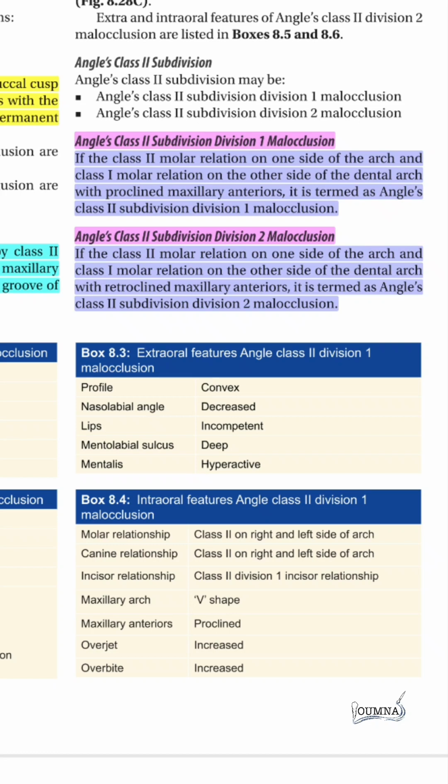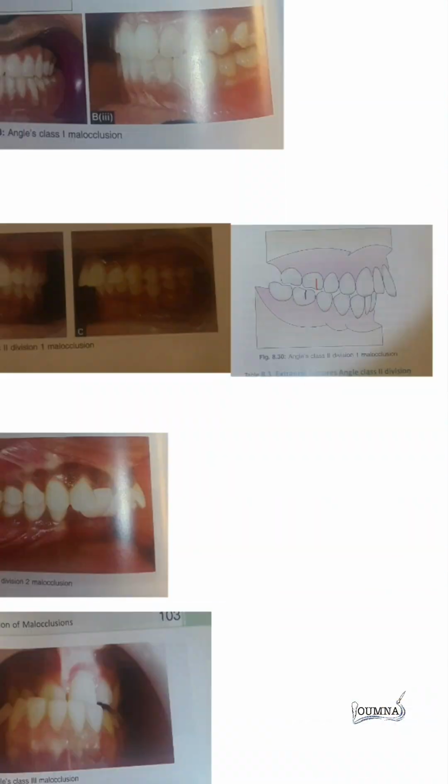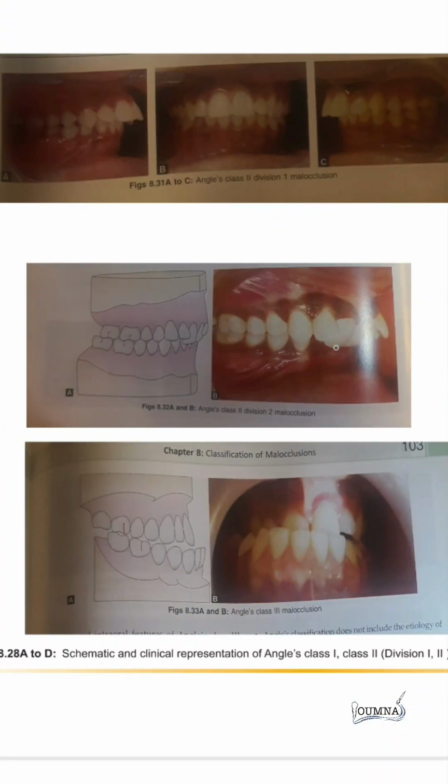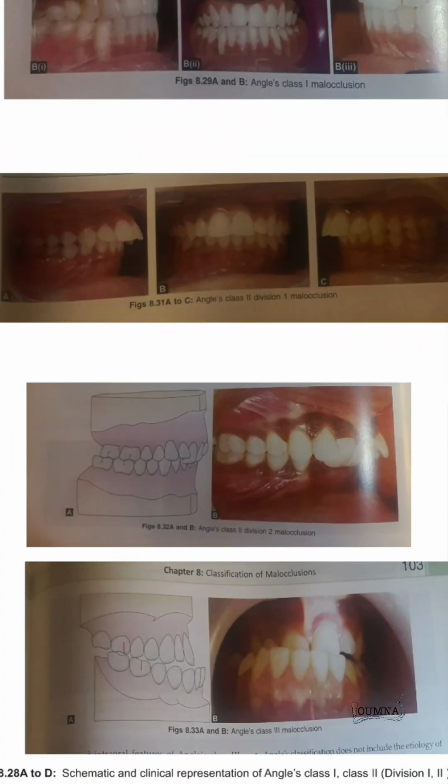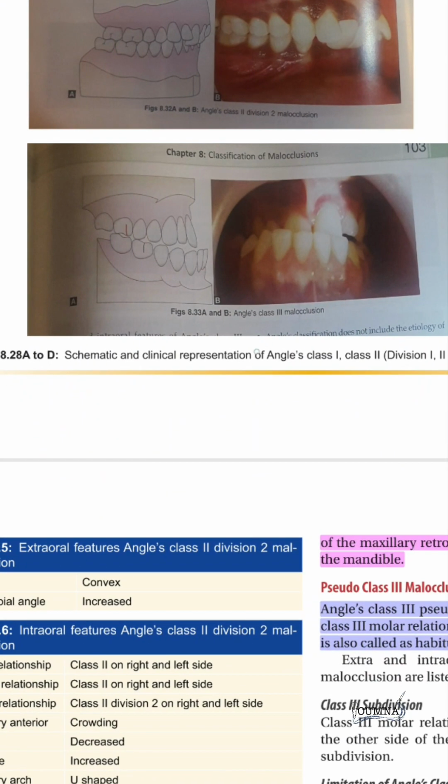If we have the same, class 2 on one side and class 1 on the other, but the maxillary anteriors are retroclined, it is considered Angle's class 2 division 2 malocclusion.